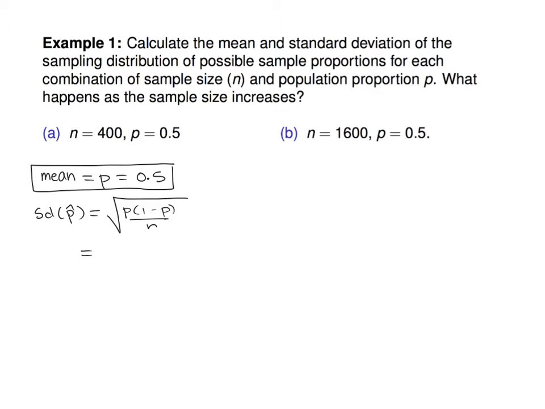And note, I have standard deviation and not standard error because I know the true population proportion. So that's 0.5 times 1 minus 0.5 over 400, which comes out to be 0.025.